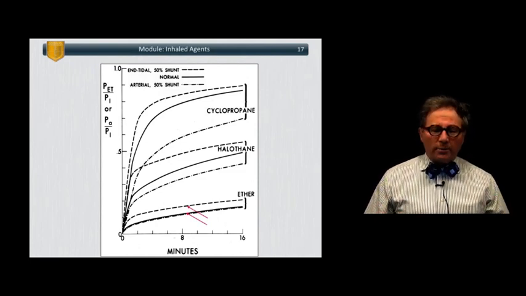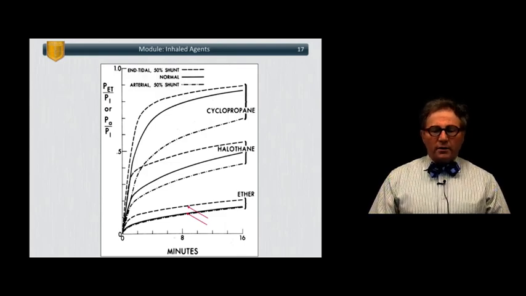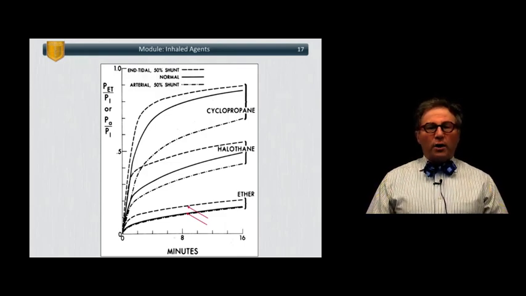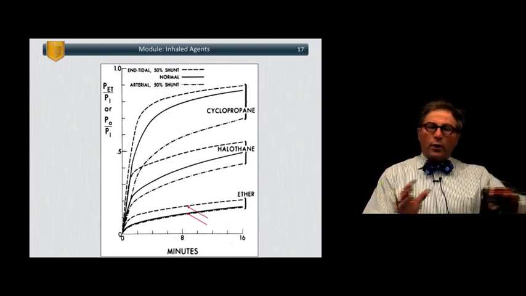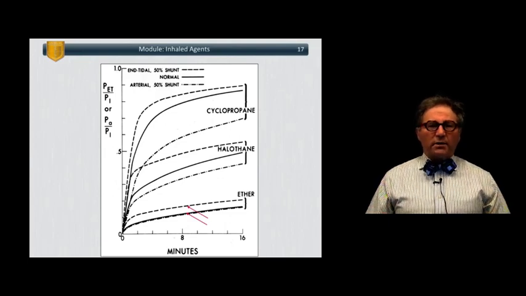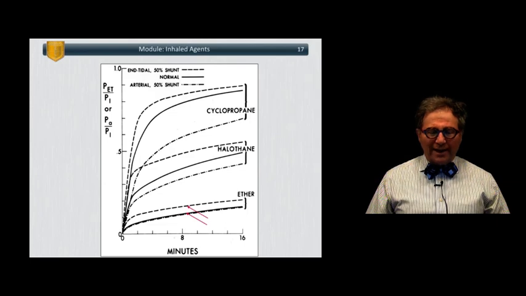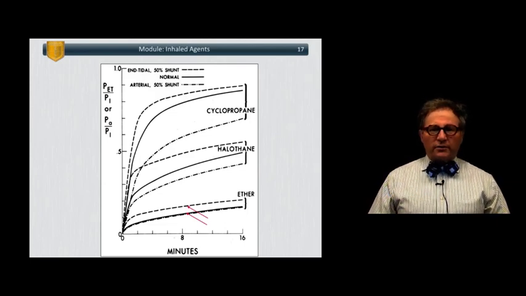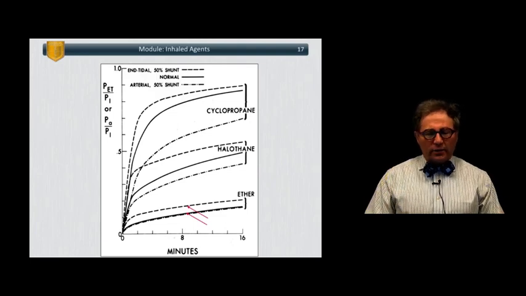Now we can also talk about the effect of shunts in a right-to-left shunt and whether or not soluble or insoluble agents are more sensitive. So while ventilation and cardiac output are particularly effective on soluble agents, with right-to-left shunts the effect is more dramatic with insoluble agents.